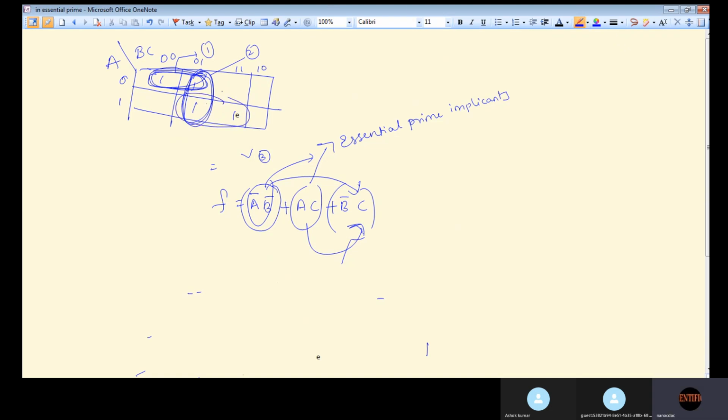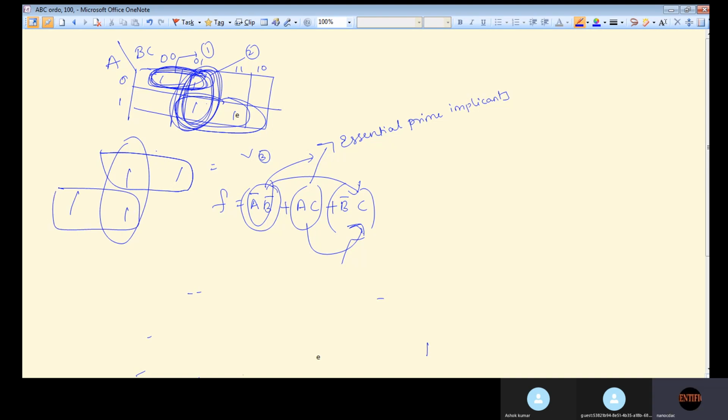These two are prime implicants, because with these two this gets covered, these two 1s are being covered. With these 2 1s alone you cannot cover. So with this you cannot cover these two, but with these 2 prime implicants you are covering this group. That's why this is essential, this is essential, this is not required. Got it?